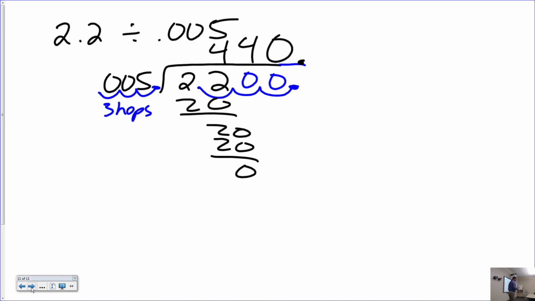So it's 440, not 44, right? And this is one of those truisms of mathematics. When you divide by really, really small decimals, you're really multiplying by a really, really big number, right? Because when you divide by a fraction, you're really multiplying by its reciprocal. So you should expect it to be a much bigger number.